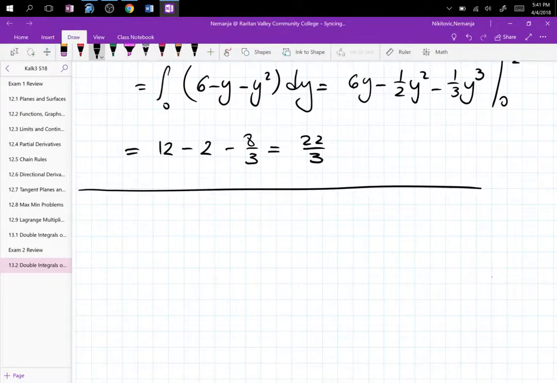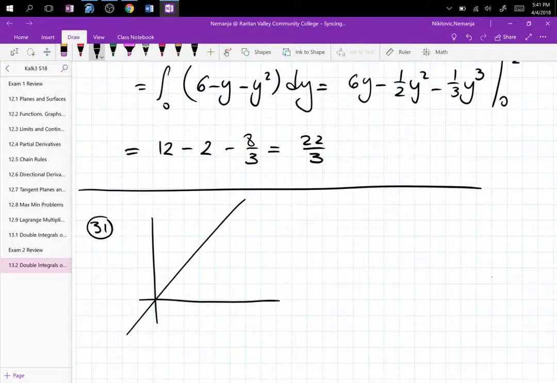So let's start with problem 31, which gives us a graph of two functions, y equals 2x and y equals 3x minus 9.